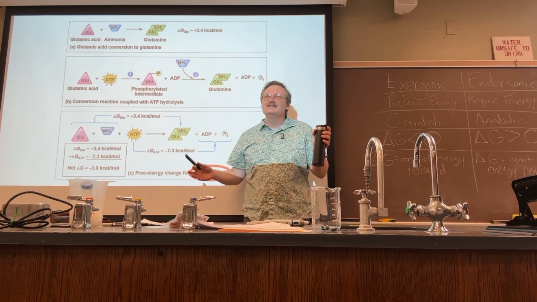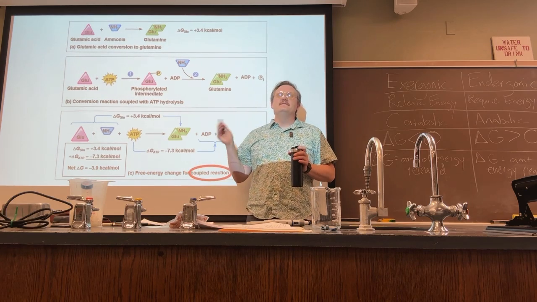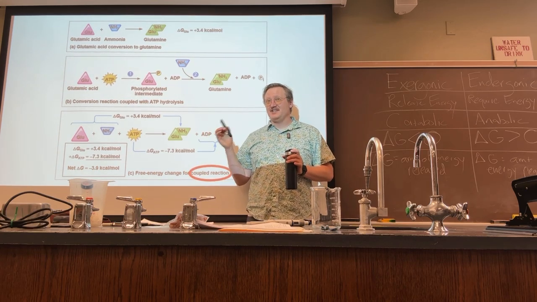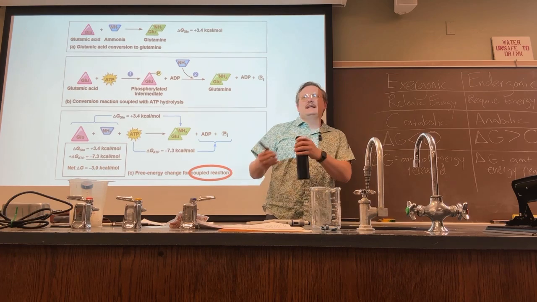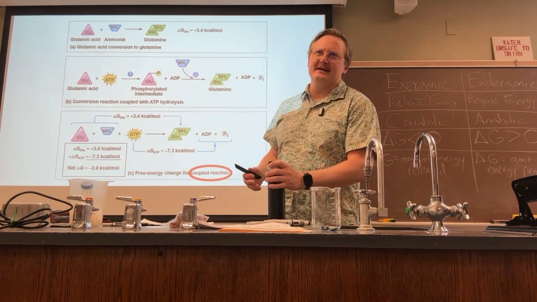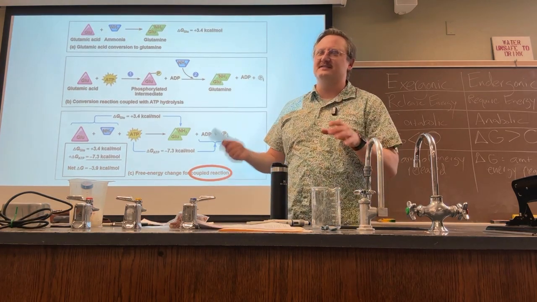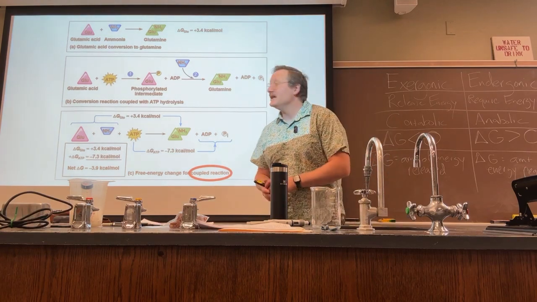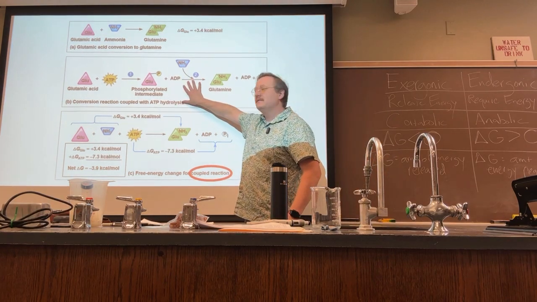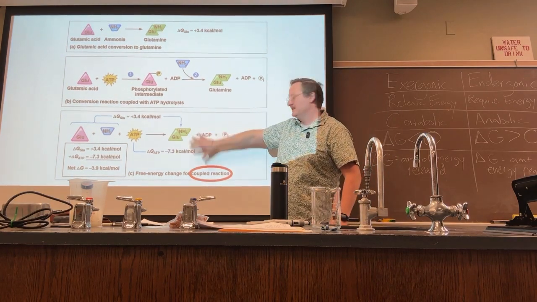It's a little weird to think about how the phosphate group actually gets used, but phosphorylated intermediates are super common when you're talking about ATP hydrolysis and energy. I don't want you to really worry about that part. I want you to worry more about this.